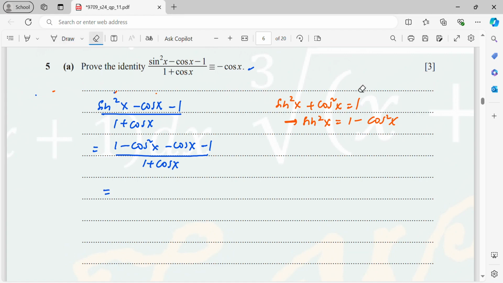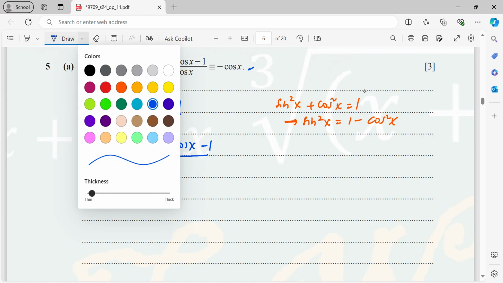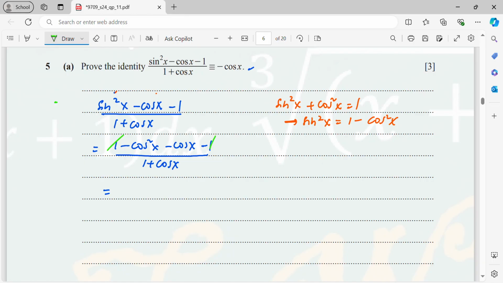Now basically when you refer to this form, the first and last term will be cancelled off, because plus 1 and minus 1, so you cancel that, and then you will just get minus cos square x minus cos x over 1 plus cos x. So obviously the common term is minus cos x in the numerator.